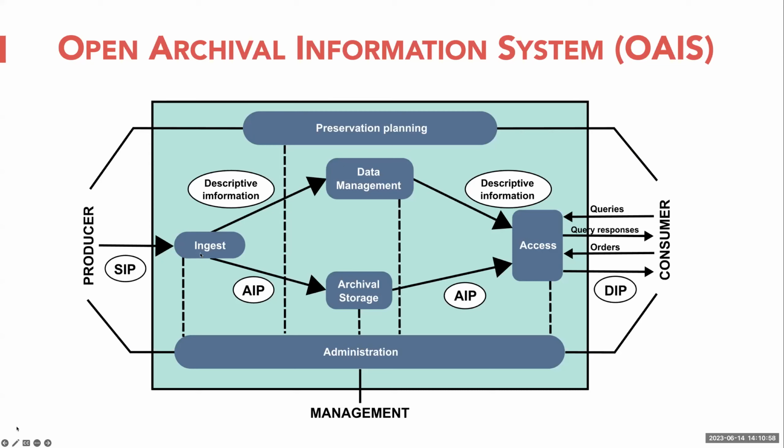It ingests the data into the data management system, which should be able to properly validate the content, analyze the metadata, and save the data into the archival storage in a format prepared for long-term preservation.